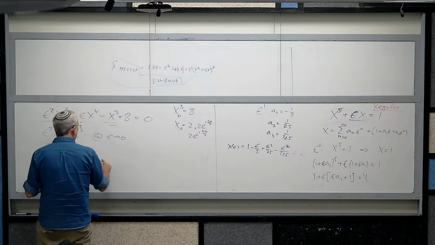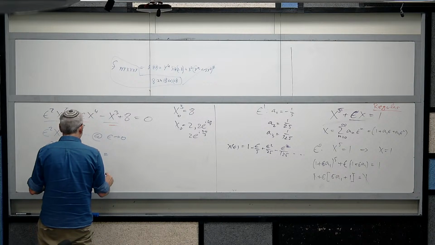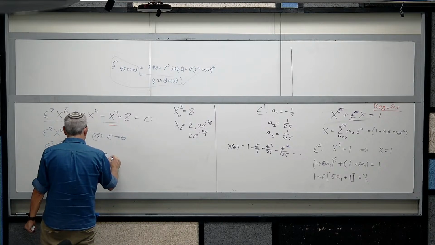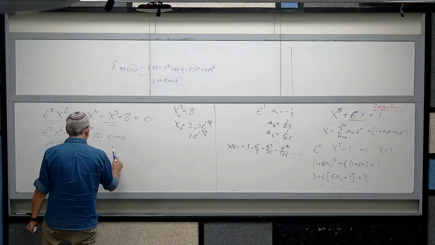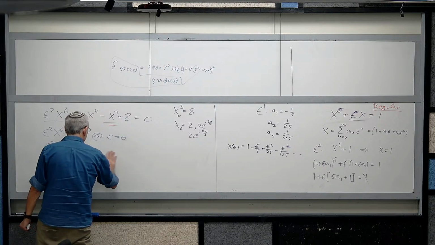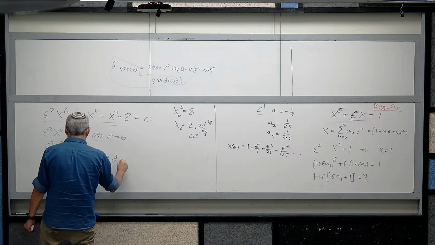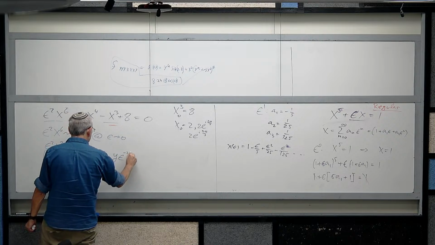I will define a new y. I will define x to be y times epsilon to the minus 2/3.